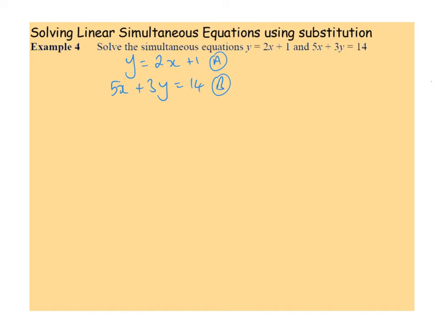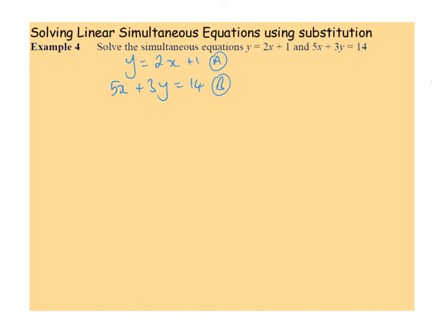Now, if you're given a pair of simultaneous equations that are expressed in this way, in which one of the variables, in this case y, is already the subject of one of the equations, then more often than not, they're giving you a hint there that they expect you to substitute this expression for y into this equation. So a direct substitution of equation A into equation B. It's not always going to be set out like that, but if they do that, then that's largely what they're indicating.